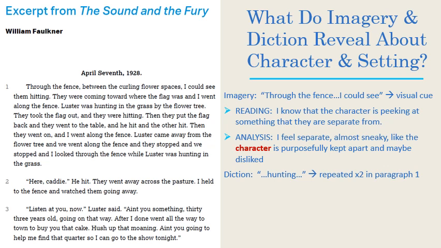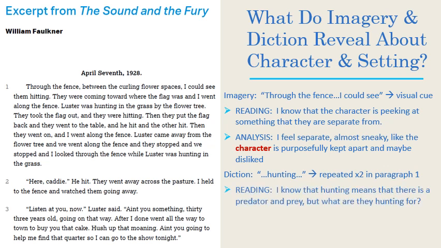When an author uses a word more than once, especially in one paragraph, you can bet that it was done on purpose. So we can confidently say that this is a purposeful word choice. So we can focus in on this word and say, you know, what does hunting mean?